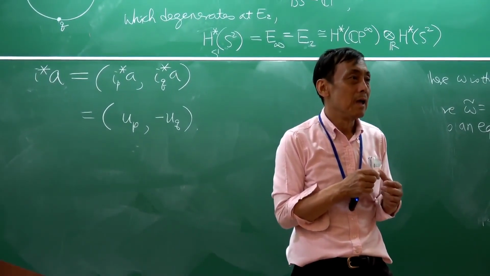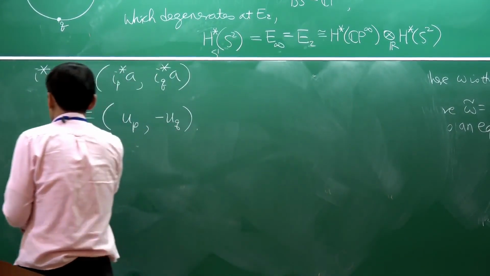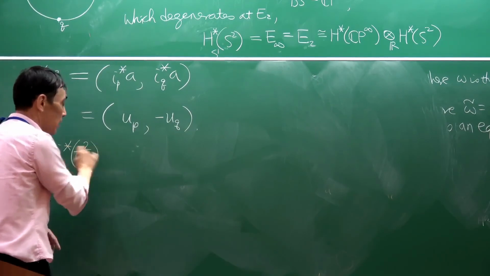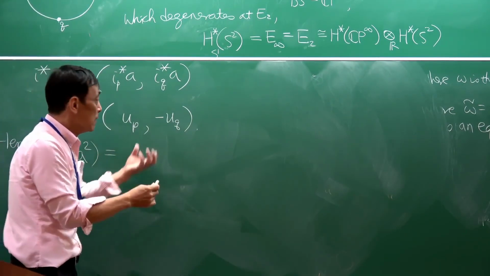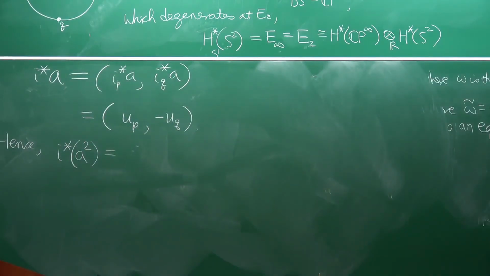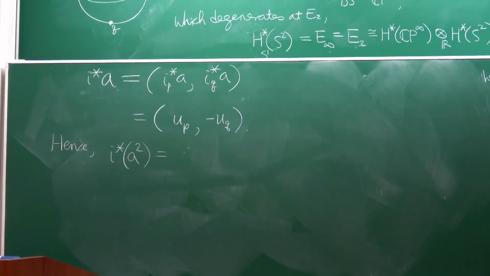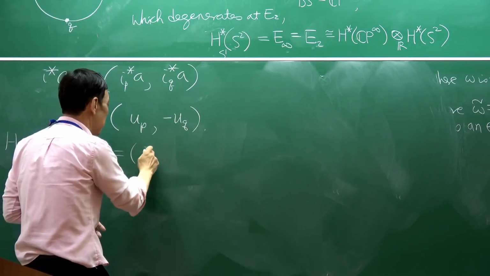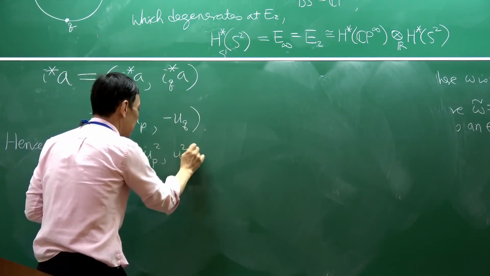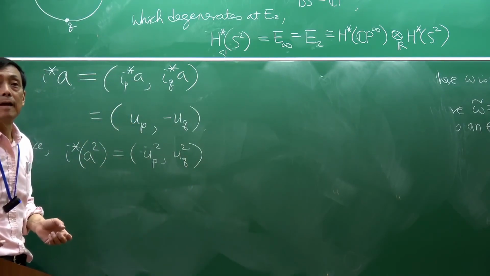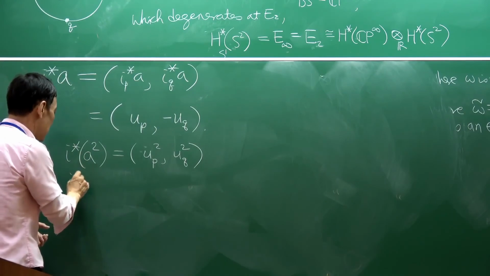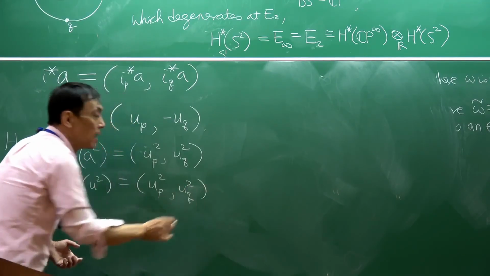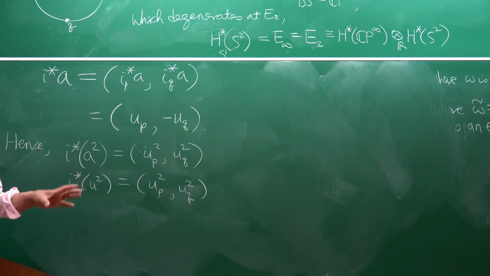I star of A squared, because I star is a ring homomorphism, and this is also a ring, and it's a direct sum, so the way you multiply is you just multiply the components. I star A squared is this, okay? And I star of U squared is also this. See, that sign disappears when you square.